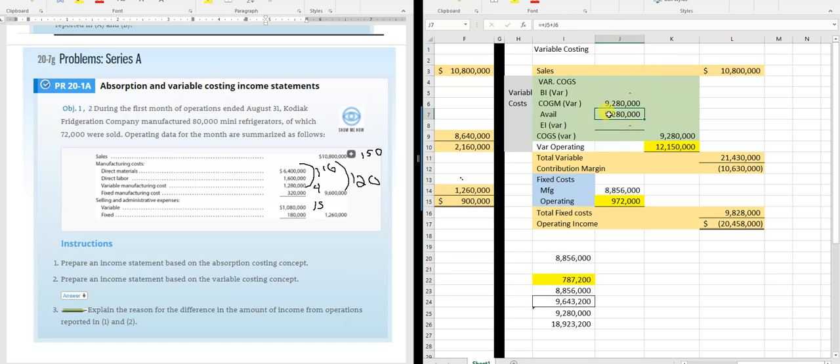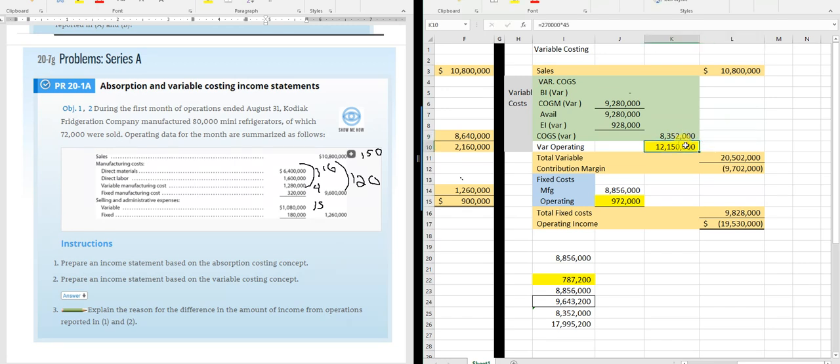That gives me goods available of that. I have ending inventory of 8,000, and I want it times my variable cost only. I have 8,352, and again I can double check that because my cost didn't change and I sold 72,000. It's 8,352, so I'm good there.